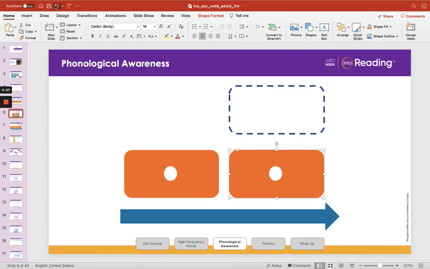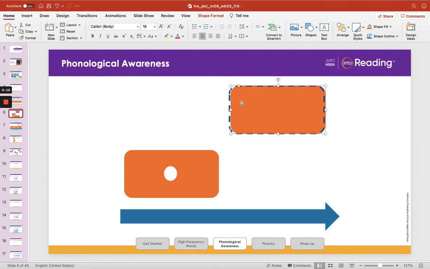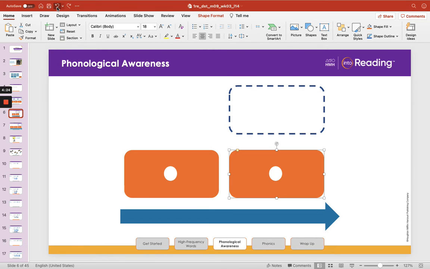The word is washer. Take away the syllable er. So I have wash. What's my new word? Wash. Good job. All right, let's try another one. Foxes. So I have two syllables.